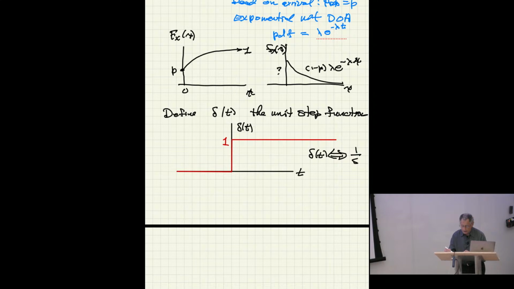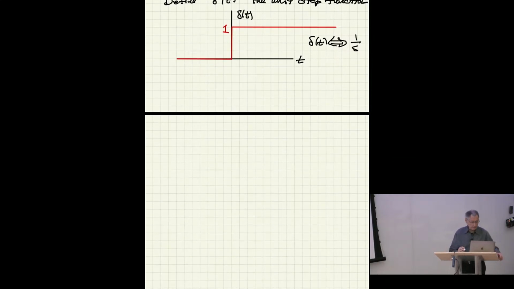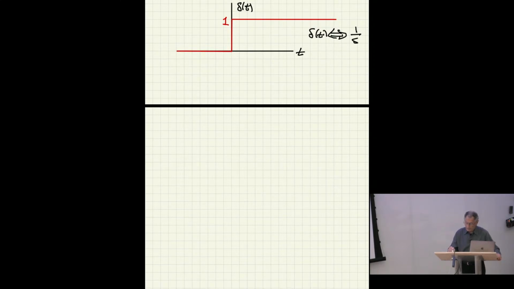But I want its differential over here. So let's talk about the differential of delta of t. Let's define the differential of delta t with respect to t. By definition, we're going to use notation. It's u sub 0 of t. And that's called the unit impulse function.